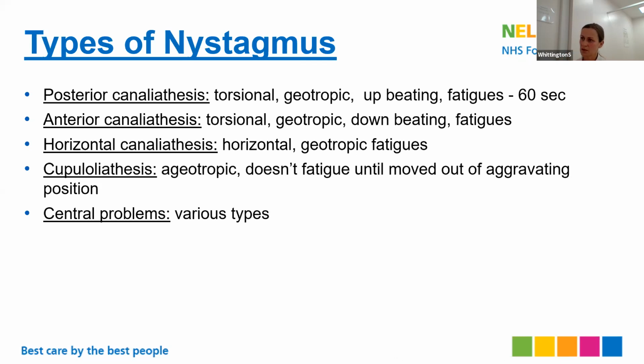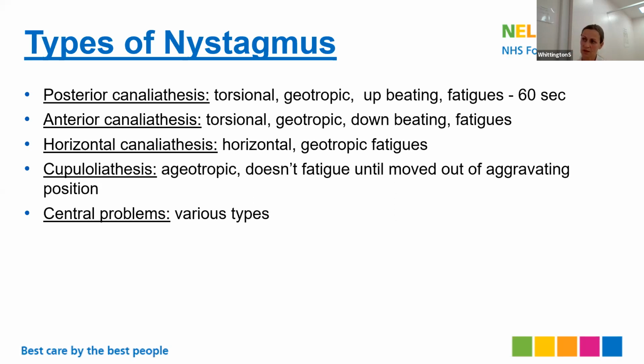If it's the anterior canal, which is very rare, you have, again, the torsional component and the geotropic component, but you have a downbeating component as well. So instead of beating towards the upper eyelid, it beats towards the bottom eyelid, and it fatigues in the same time frame as the posterior canal.